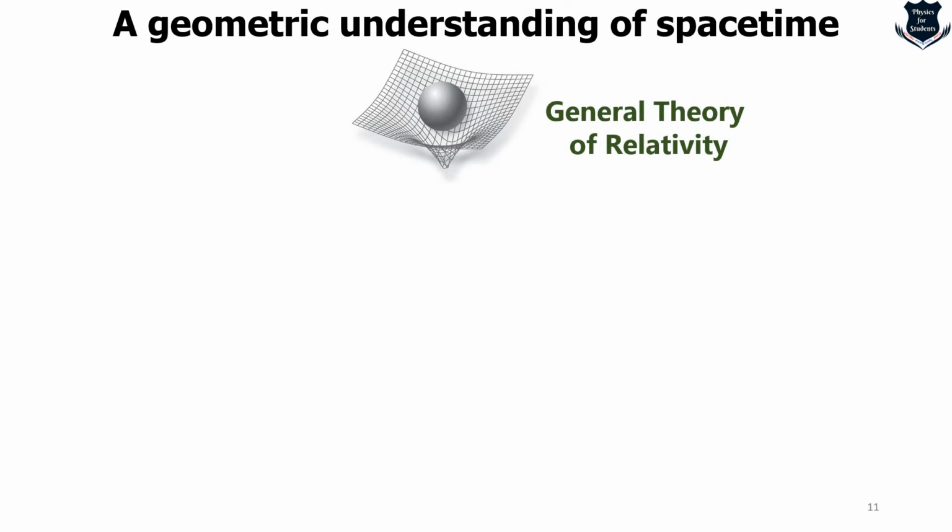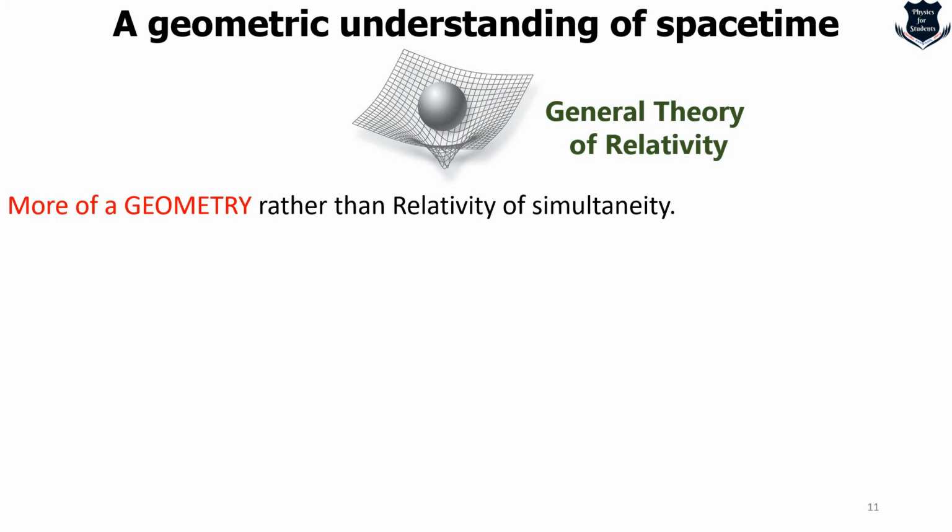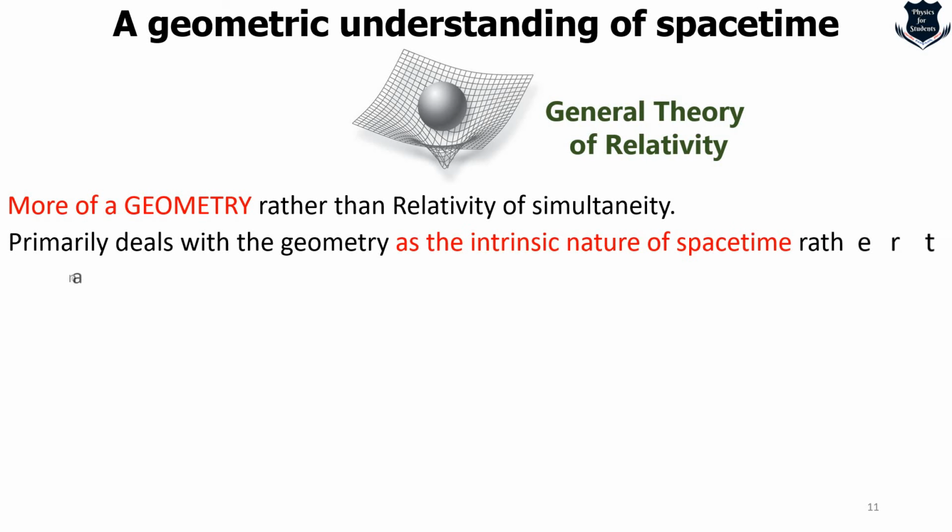So the general theory of relativity is more of a geometry rather than relativity or simultaneity, and it primarily deals with geometry as the intrinsic nature of space rather than an extrinsic object. We will come to what we mean by intrinsic and extrinsic slowly in further episodes of the video.